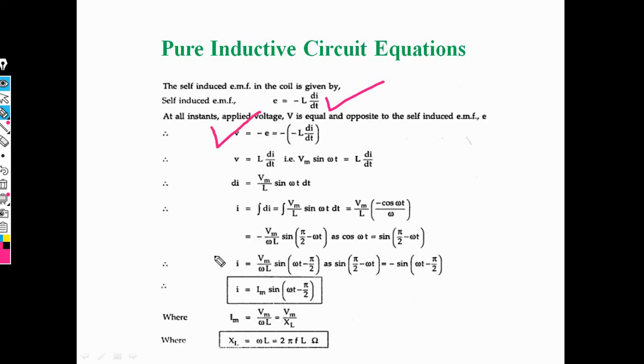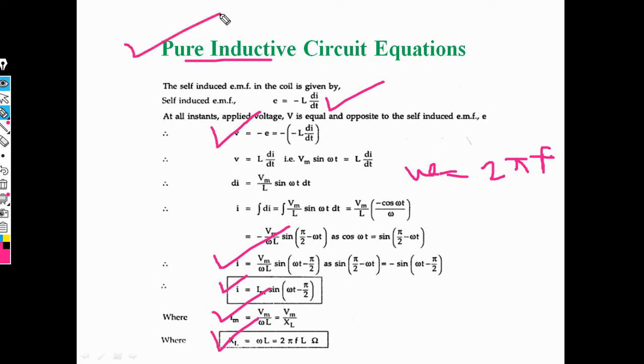Then we calculate the current, then the maximum current, then XL = omega L, where omega = 2 pi f. Now these are the equations for the pure inductive circuit.